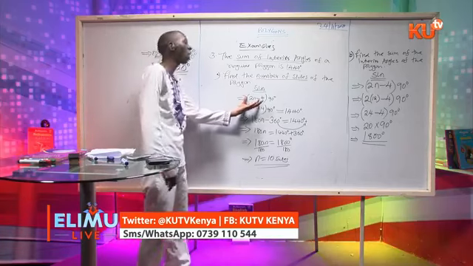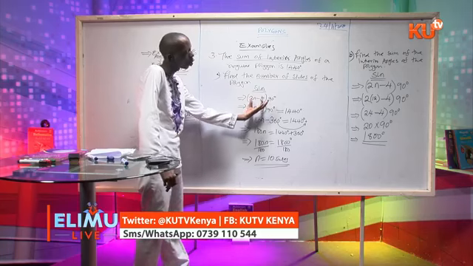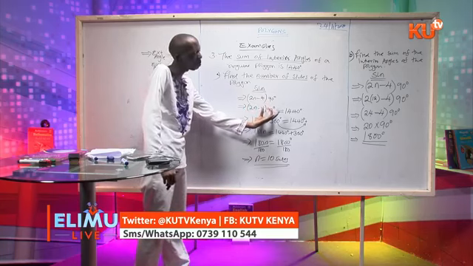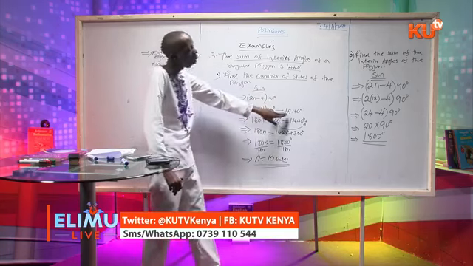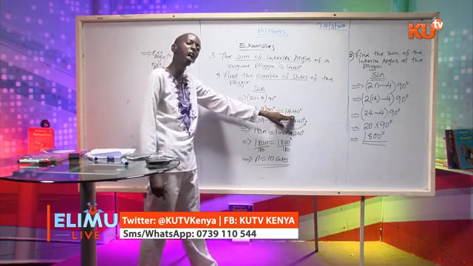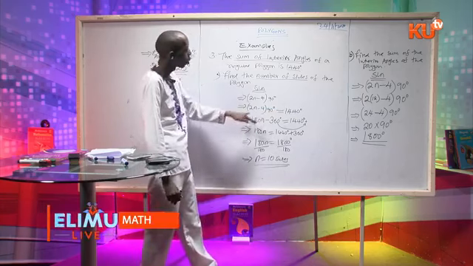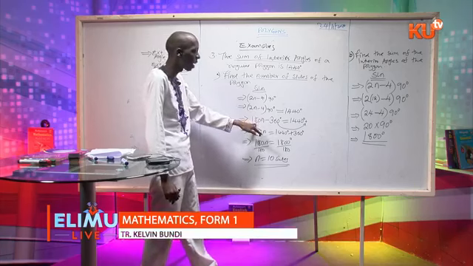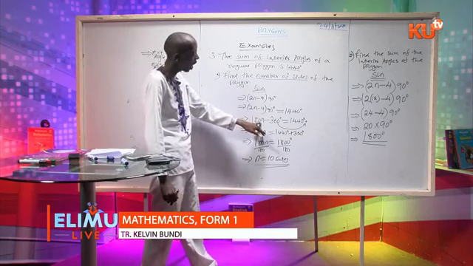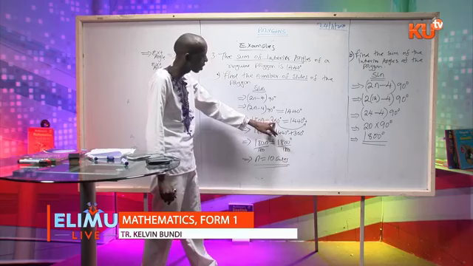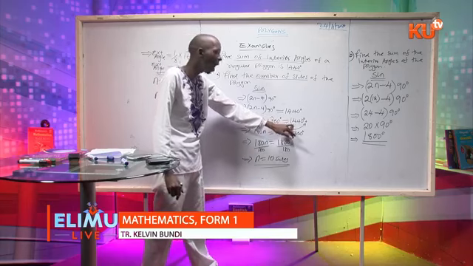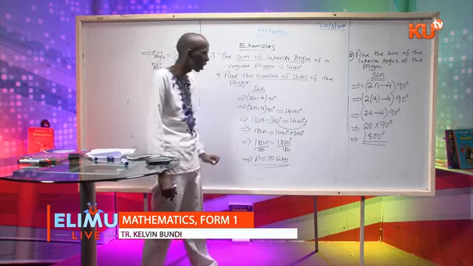The sum of the interior angles of the polygon, which is given by (2n minus 4) multiplied by 90, is 1440 degrees. Therefore, you can get n very well. You open the bracket, 180n minus 360 is equal to 1440 degrees.